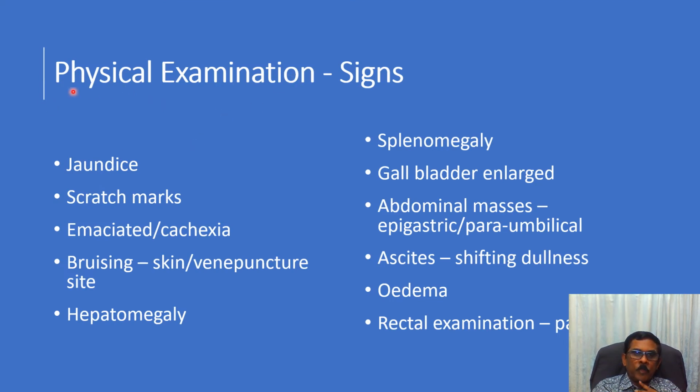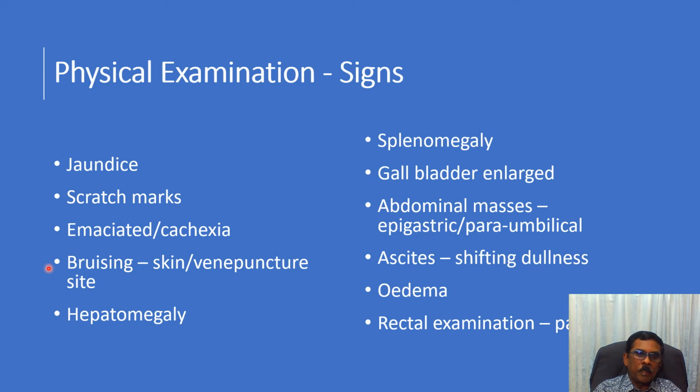Next, we come to the physical examination. What are the signs that you will look for? As I mentioned, jaundice is a very common sign which is noticed in most patients, associated with scratch marks. If the patient has got severe loss of weight, he is usually emaciated and at times cachectic.